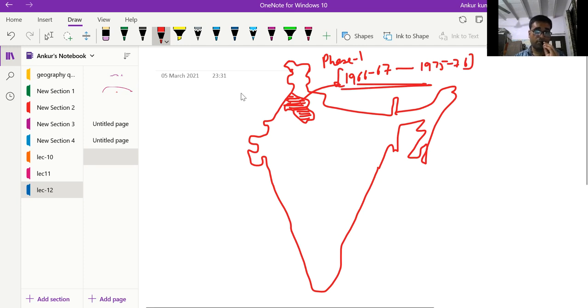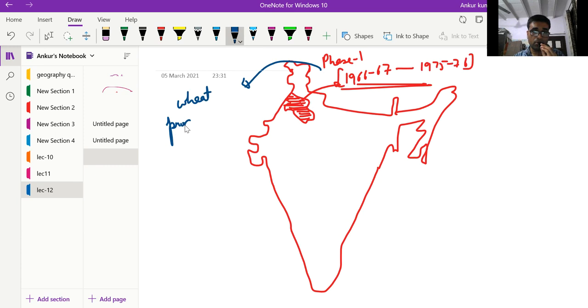In the first phase, basically we were mainly focused on the wheat productivity. So mainly the wheat seeds were planted in the Haryana Punjab region.